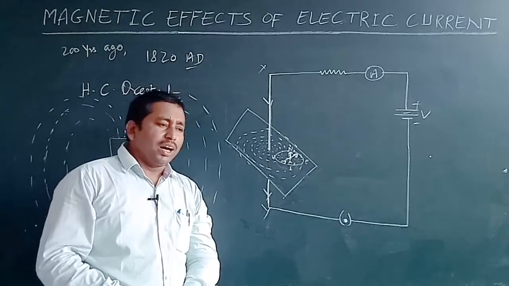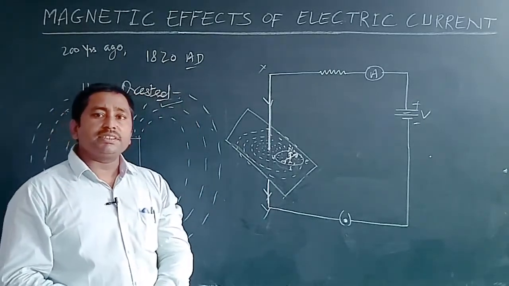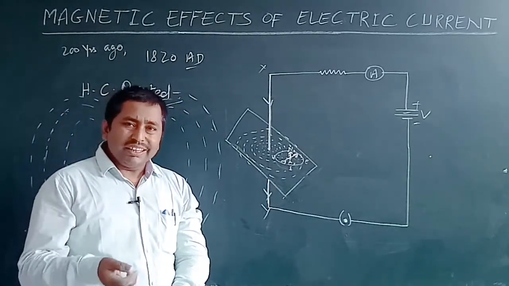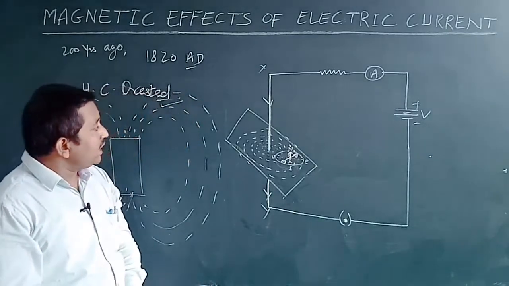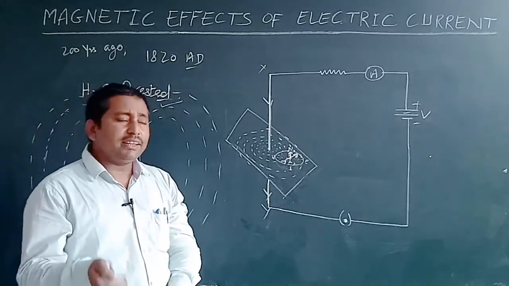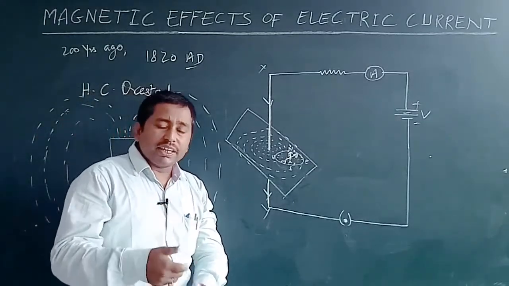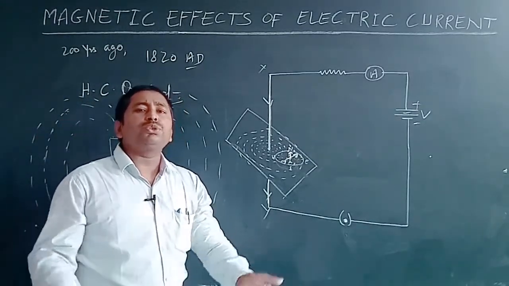Many other scientists wondered whether its converse is true or not. It means, when there is a change in magnetic flux, will an electric current or induced EMF be produced or not?